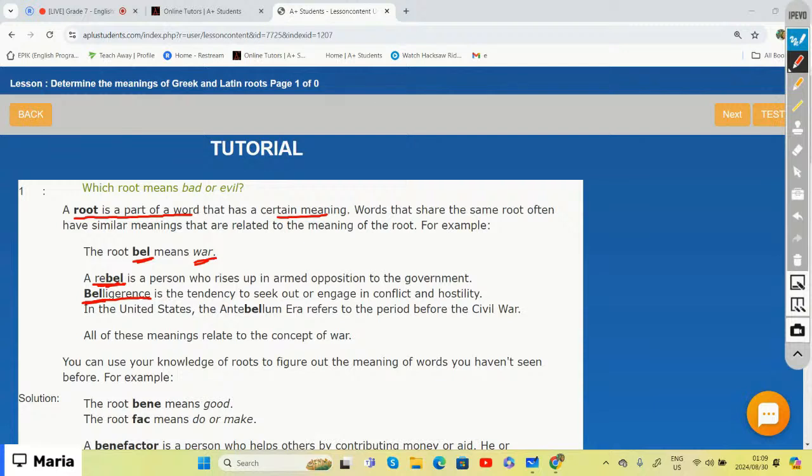As you can see, we also have the word bell within that word.